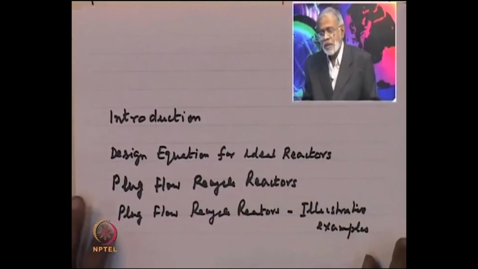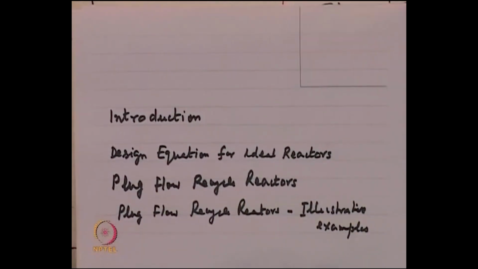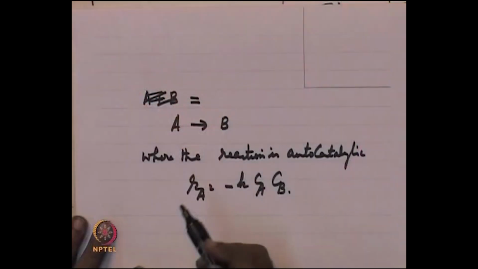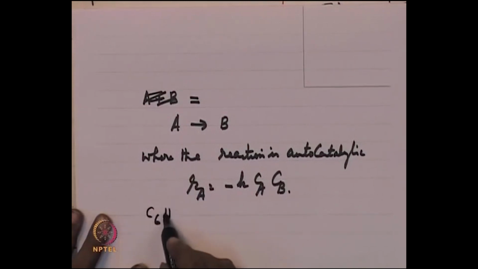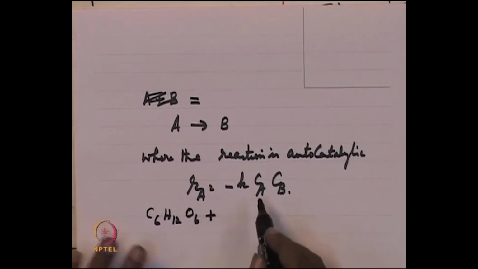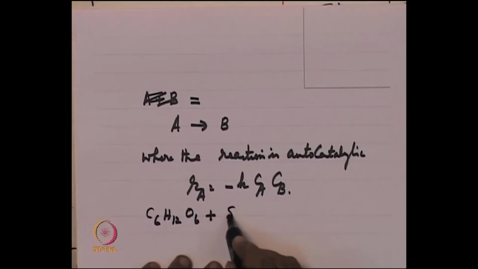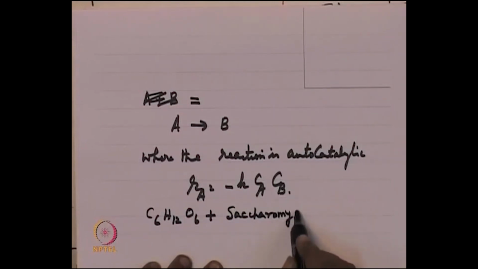Now, if you look at real life, what are the situations where we have to deal with autocatalytic reactions? The finest example you will think of is biological reactions. Say, for example, I am just giving a small example, you have C6H12O6, this is glucose, reacting with some cells, let us say Saccharomyces cerevisiae.